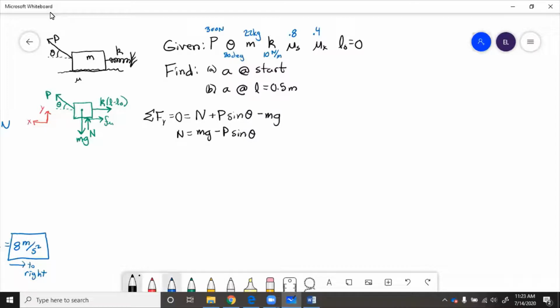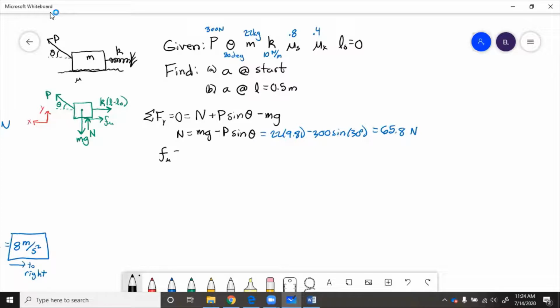Then if we put numbers into that, this equals 22 times 9.81 minus 300 sine of 30 degrees, which equals 65.8 newtons. Now, we know that static friction and kinetic friction we both have to deal with.